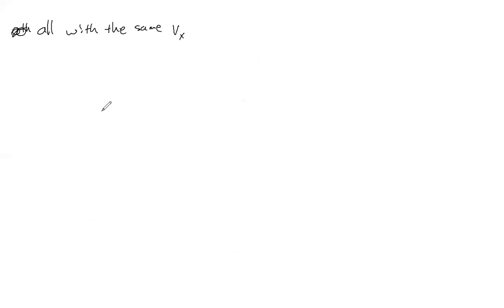And now I need a number here. Let's put a label here, because eventually we're going to consider all of them. So I'm going to label this velocity with an i. I'm going to say there are n sub i molecules with velocity Vxi.